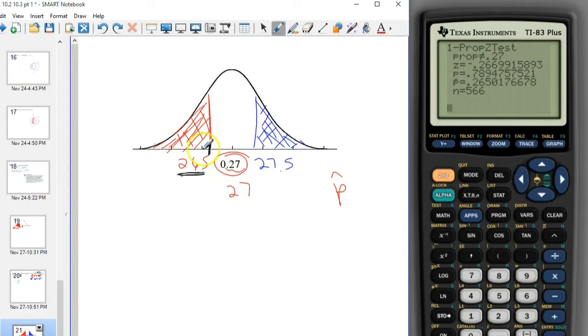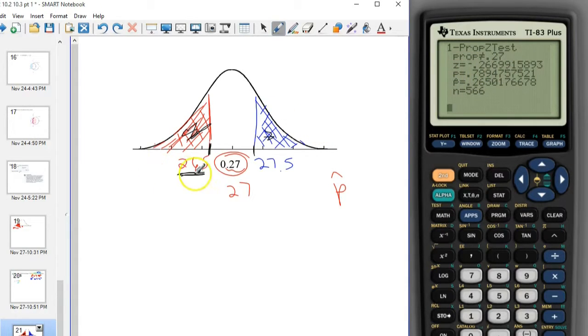So again, not equal to creates a two-tailed test, so we have to have like a mirror image on the upper side of the mean, or of the claimed proportion, which is the mean of the p-hat distribution, but we have to be on both sides of it. So all this area together, the blue and the red together, is the p-value.